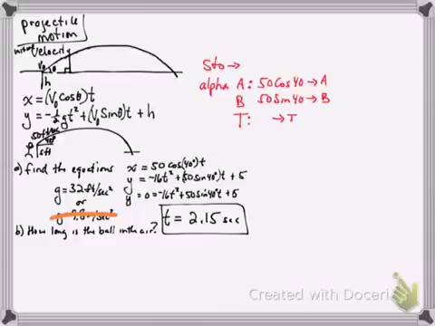Alright, so how long is the ball in the air? And then for C, I looked for the max height. So if you're finding the max height, pretty much ever, you're using x equals negative b over 2a, except in this case, x is really t for time.